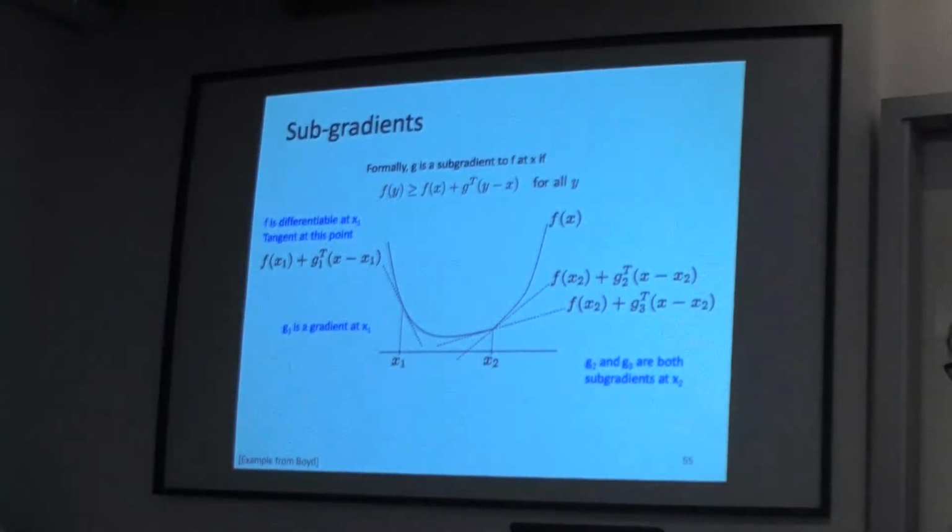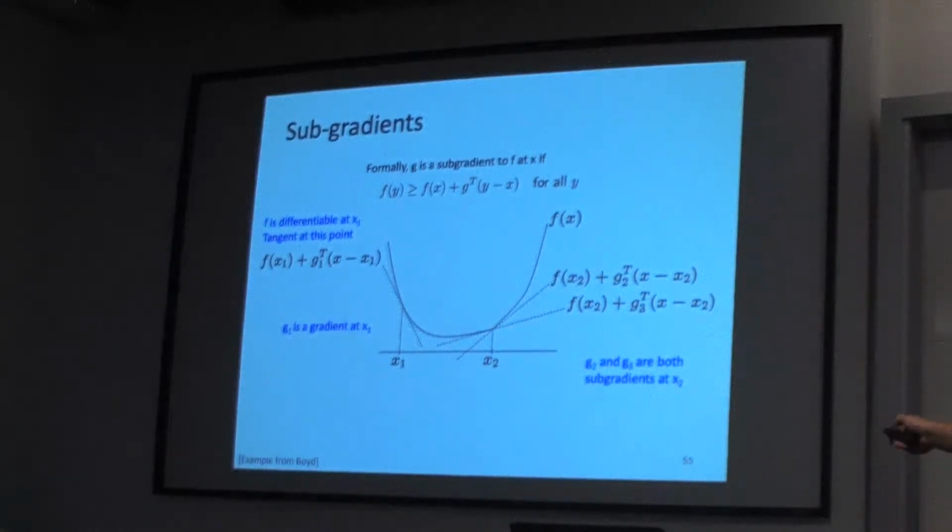Do we have any other subgradients at x2? Anyone would like to point out other choices of subtangent lines or subgradients? Since both of those are subgradients, would any possible line in between those two be a subgradient? Yes, exactly.